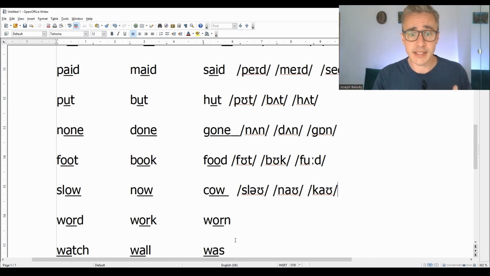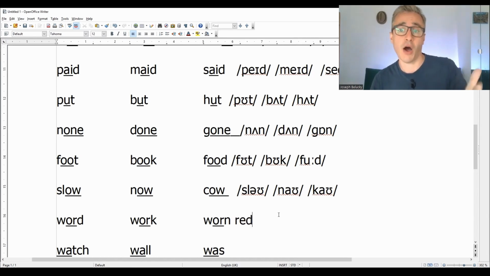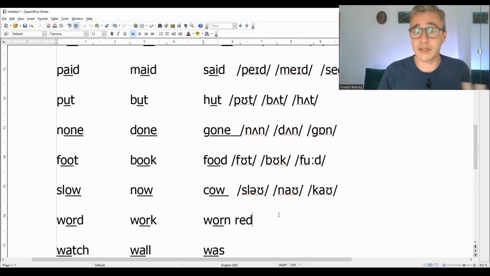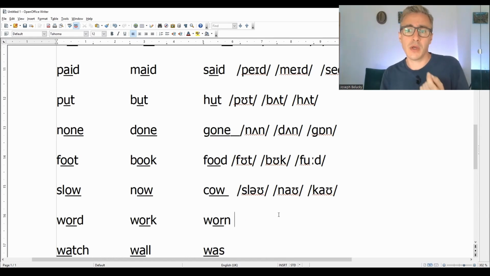So this letter R is followed by an N, a K, and a D. These are consonants, so we don't pronounce the letter R here. If it was a word like red, of course, the R is followed by a vowel sound. So red. Of course, we pronounce that, but not here. So it's going to be a vowel sound in replacement of that letter R. So say these words to yourself, and let's see if you can work out which is the odd one out.